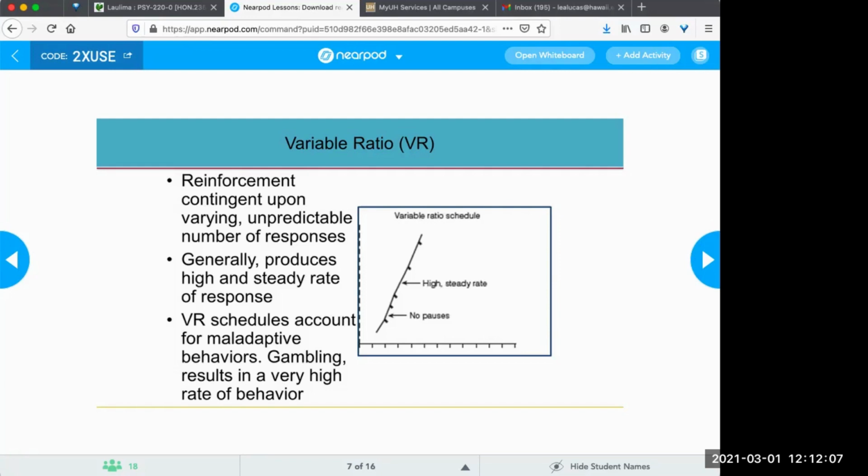But in order to get reinforced with the lottery tickets, you have to respond, and hence you have to buy the ticket and pick your numbers.